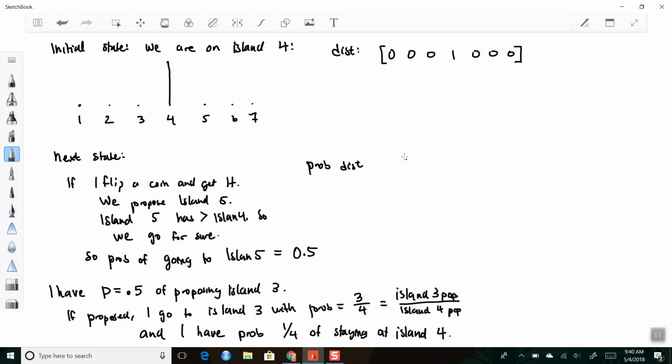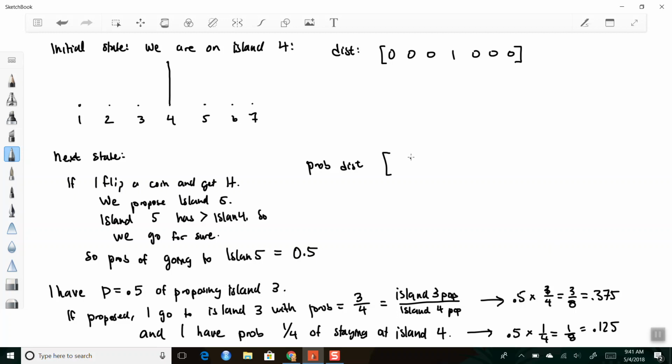So basically, the probability distribution, so this will total out to be 0.5 times 1/4, which equals 1/8. And this will be 0.5 times 3/4, which is equal to 3/8, or 0.375 and 0.125.